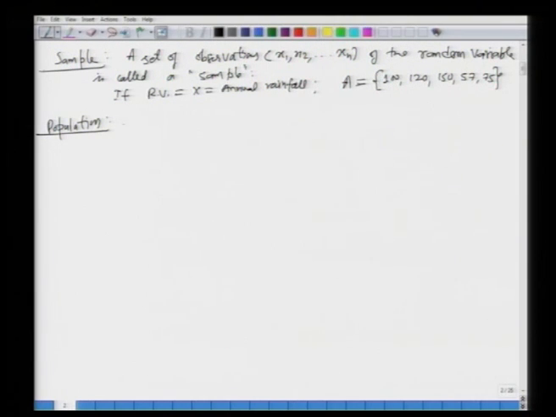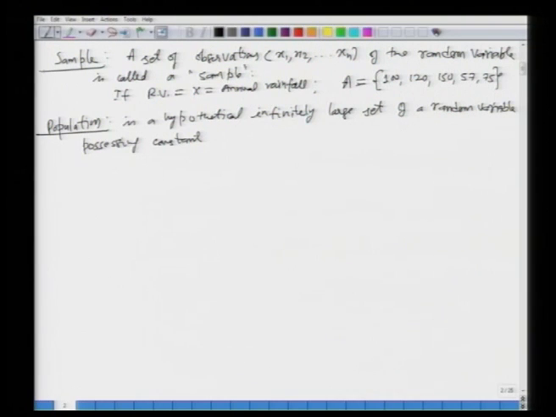Population is a hypothetical concept, an infinitely large set of a random variable possessing constant statistical properties.